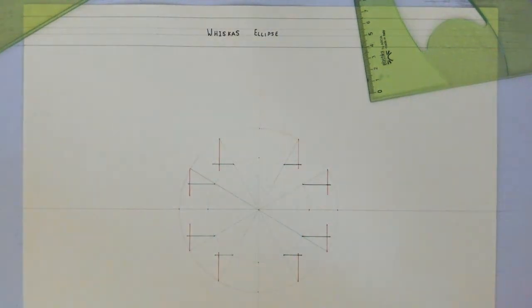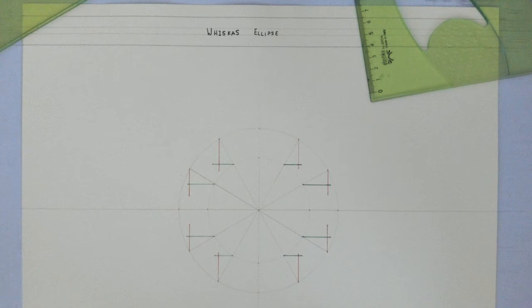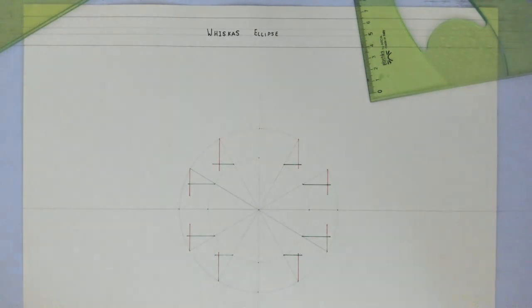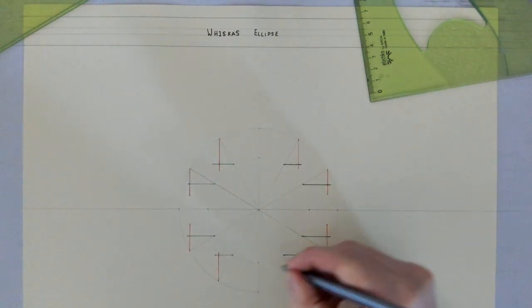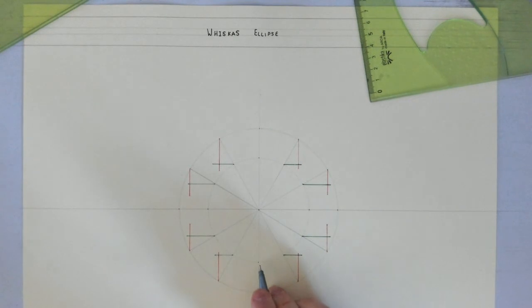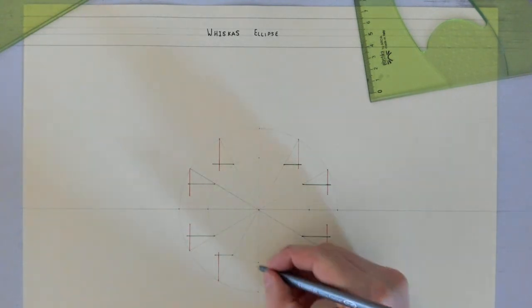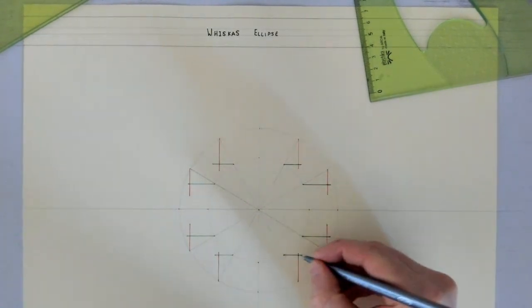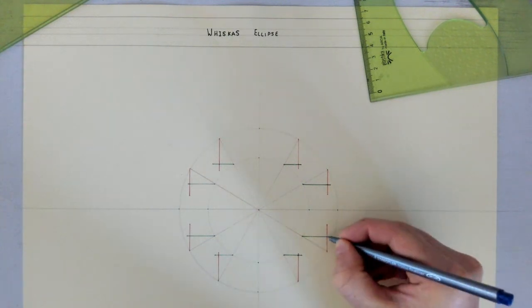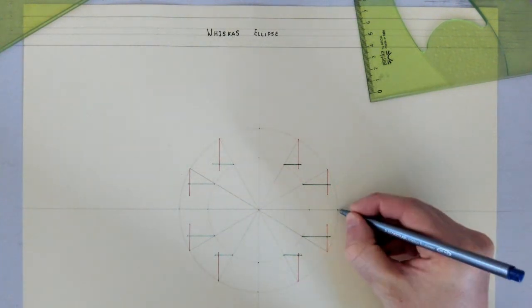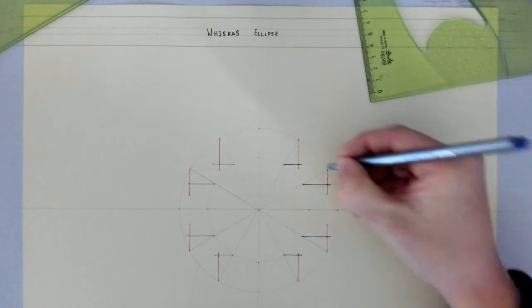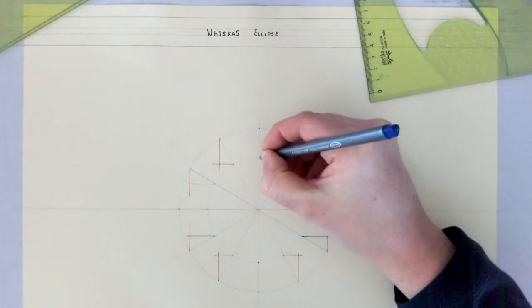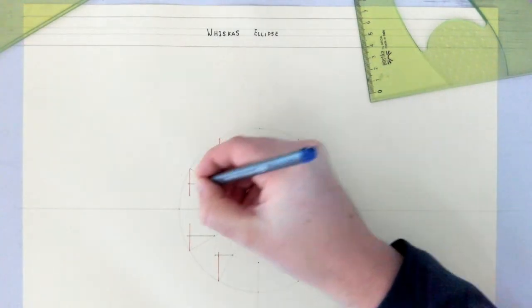Okay, and where the green and red lines intersect is going to give me a point on the ellipse. So starting from the bottom, this here is a point. It's going to be a point here, here, here, and altogether that will give us 12 points on our ellipse.